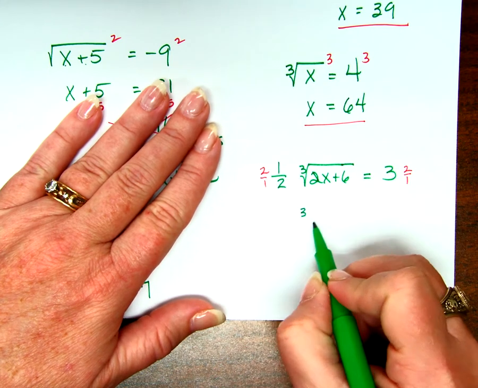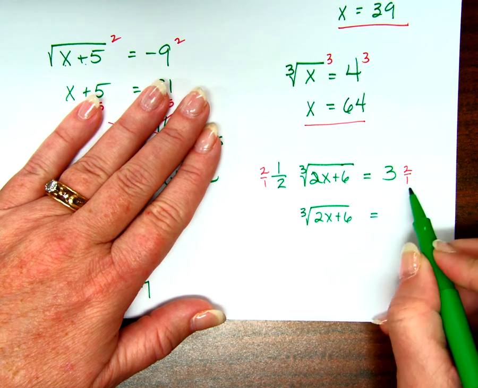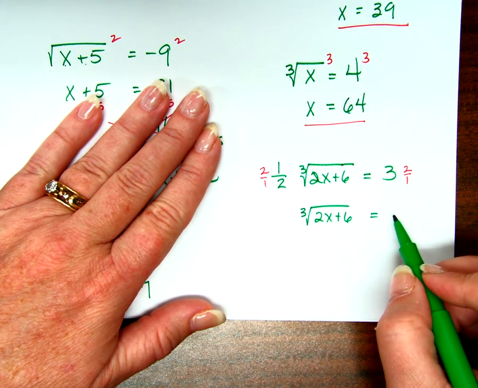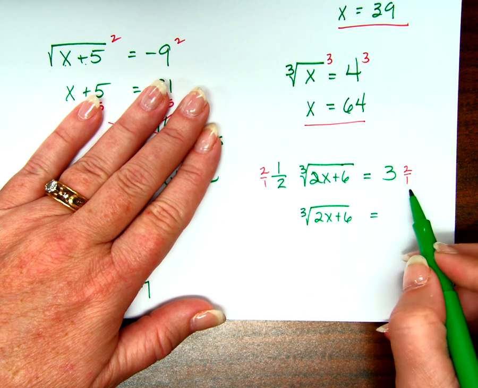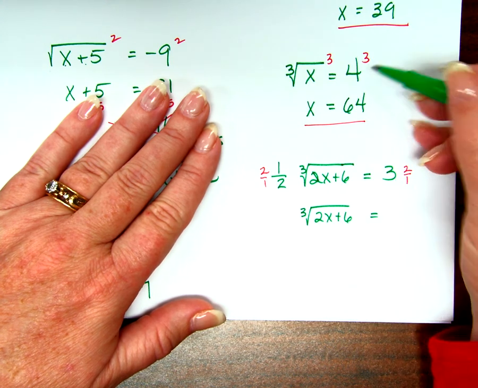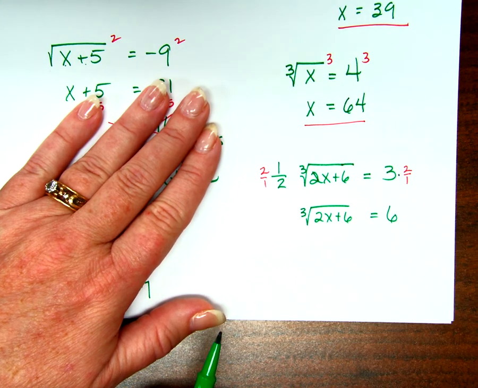So I have a cube root of 2x plus 6 equals 8, 9, 6. Are you sure it's 6? Because this is multiplying, isn't it? This isn't raising to a power like this. This is 3 times 2, 6. Yeah? Now what?